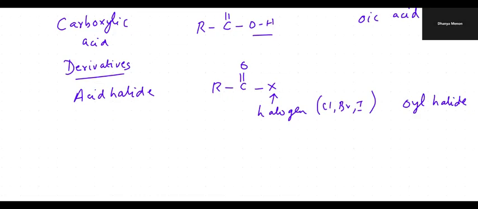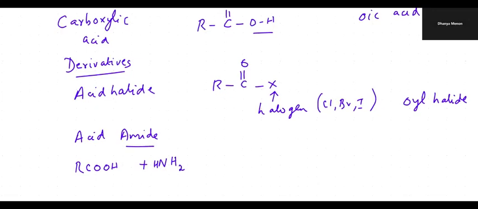Then I have the next derivative, which is acid amide. From the name itself, amide. So when acid is treated with maybe ammonia, you get, here ammonia, I'm just writing it separated, so that I can show the removal of water.